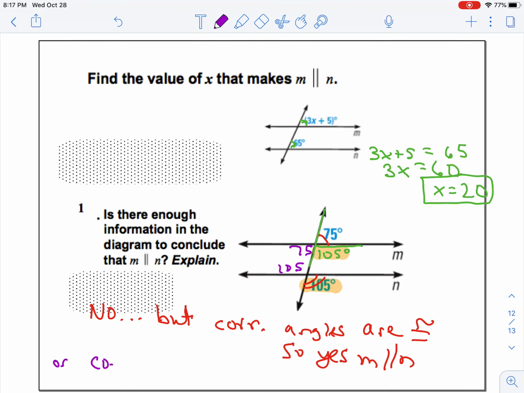Let's see if I can write this better. Or consecutive interior angles are supplementary. So M is parallel to N. And you probably could have proved it another way.